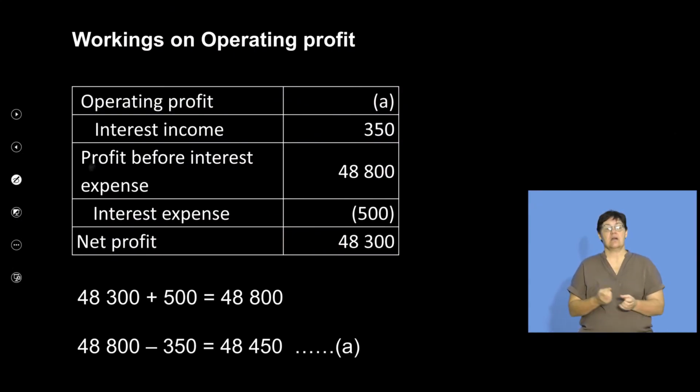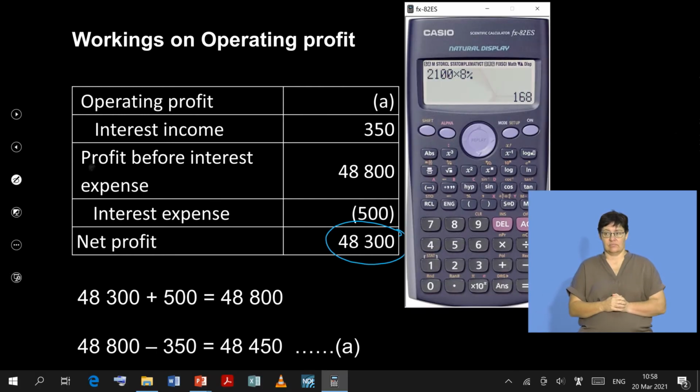You start off with your 48,300, right? So we have our 48,300. Because we are working backwards, I will now add the 500, because remember, when you're working downwards, you're subtracting your interest expense. Now, you will add because you're working backwards.